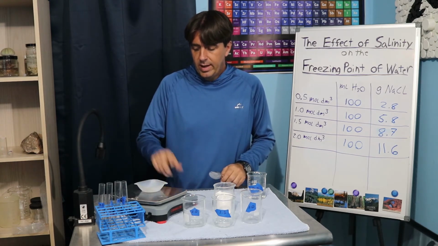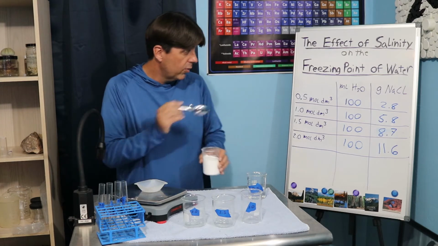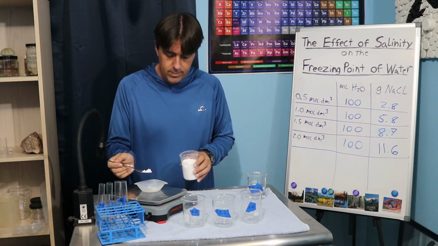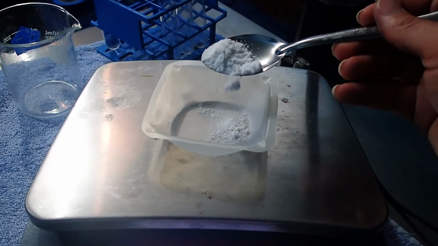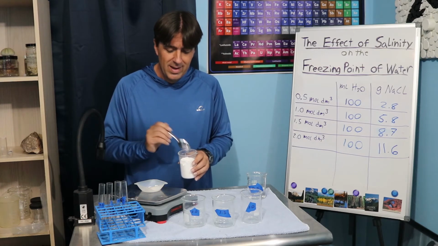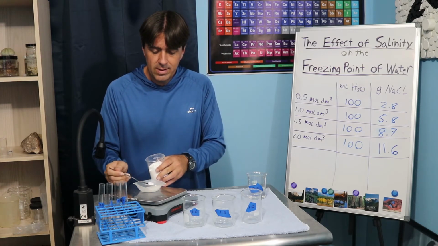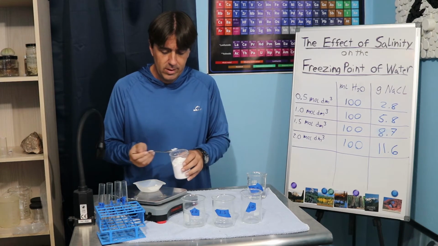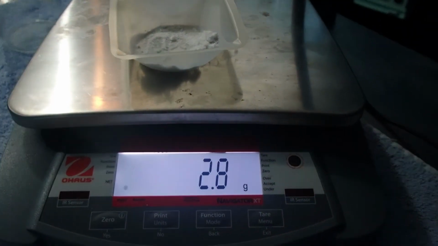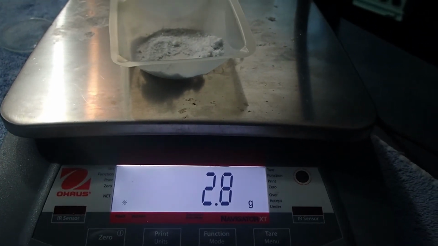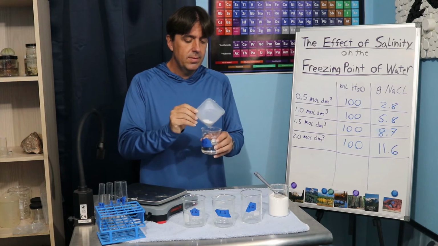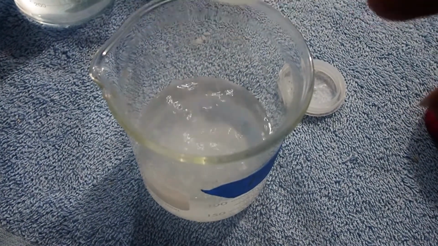I'm going to zero it out so it doesn't weigh anything, and I'm going to go for 2.8 grams. This is an art. All right, oop, and I got too much. Take it off, oop, too little. Here we go, 2.8.